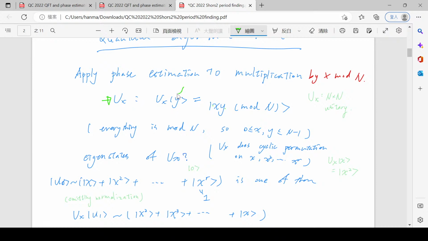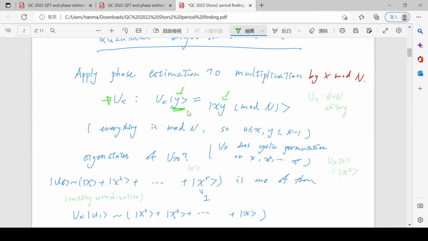Because this y and this xy are all taken mod n, you see this is a big N dimensional space, and this is a big N dimensional space. So U is really a big N by big N matrix, a permutation matrix. We are not going to show it, but it's pretty easy to convince yourself that U is a unitary matrix.